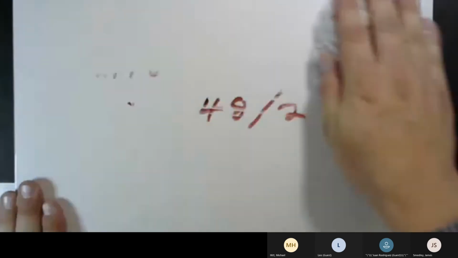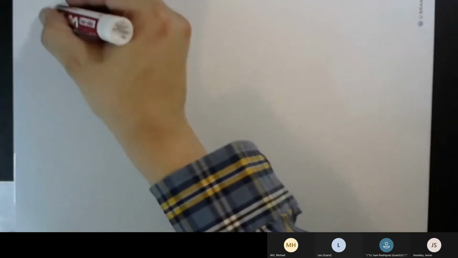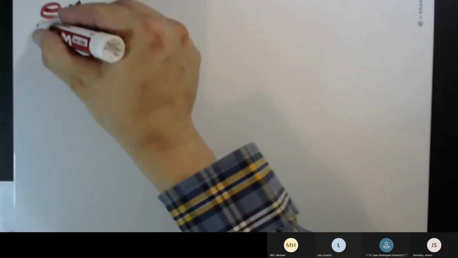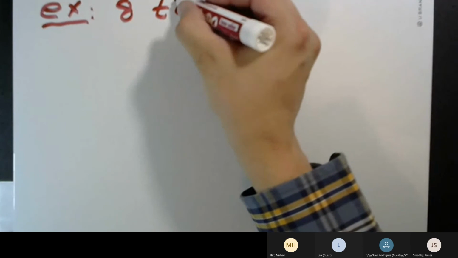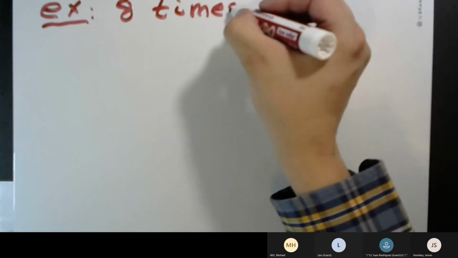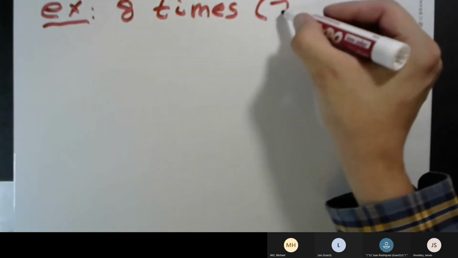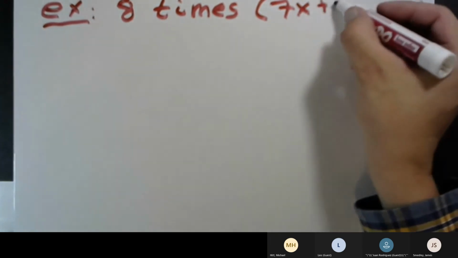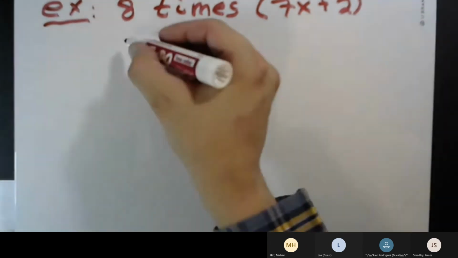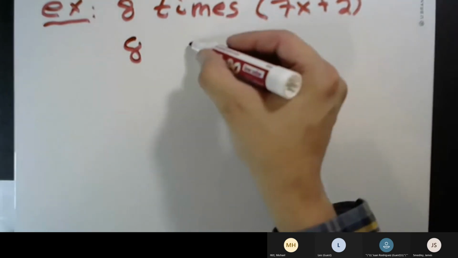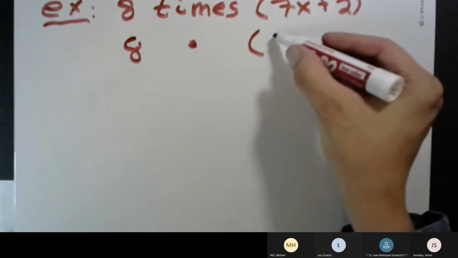Now, for both multiplication and division, you'll be asked sometimes to translate. So you might see something, for example, like this. 8 times 7x plus 2. And what we're going to do, we're going to replace the 8 with that algebra symbol of times.